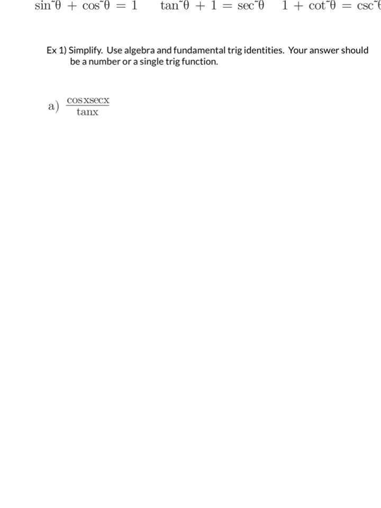On example 1, we are told to simplify. Use algebra and fundamental trig identities. Your answer should be a number or a single trig function. The first problem we're going to do is cosine of x times secant of x over tangent of x. Remember that secant is 1 over cosine.